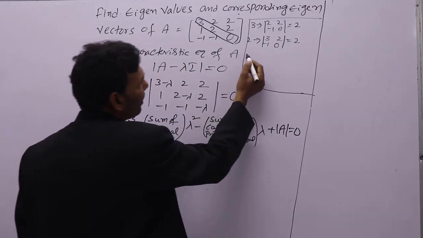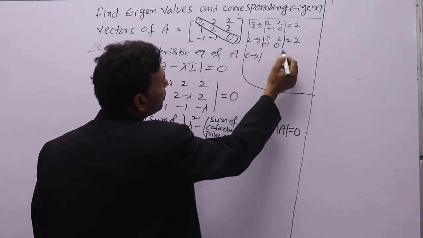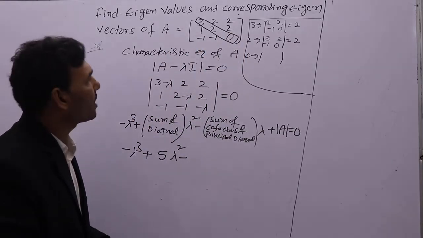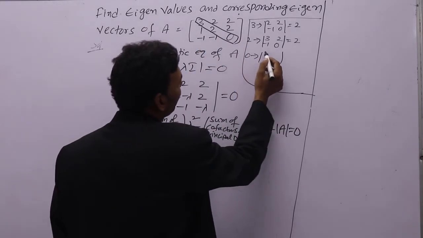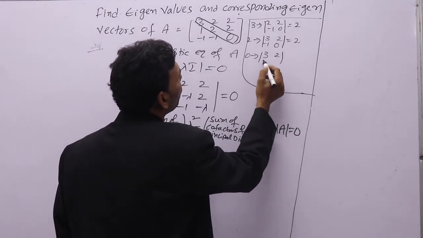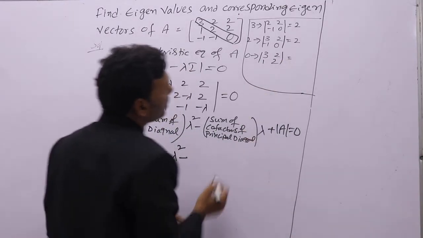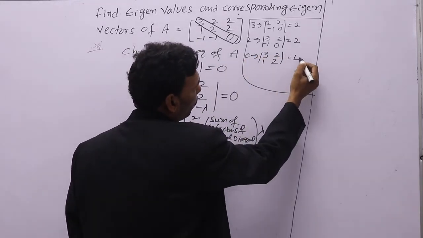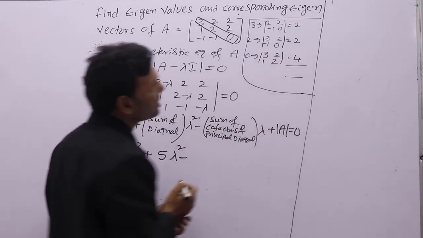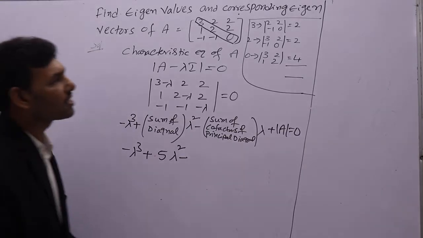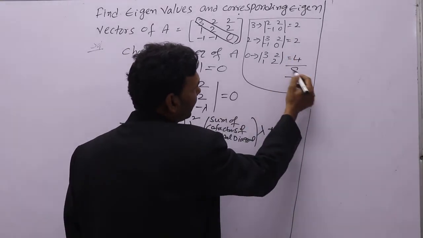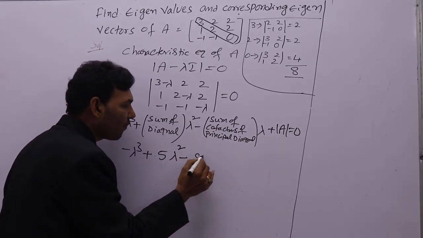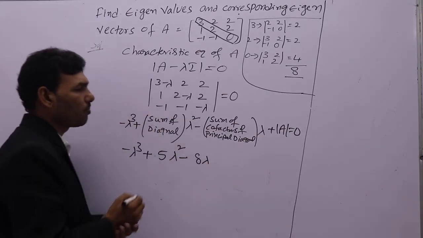For the last element 0, the corresponding column and row are eliminated, the last row and last column. The remaining elements are 3, 2, 1, 2. 3 2s are 6, 6 minus 2 is 4. Now add all these three. If you add all these three, you will get 8. 8 will be the sum of cofactors of the principal diagonal.